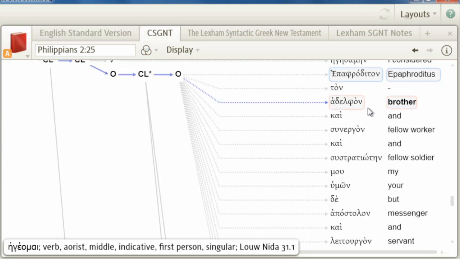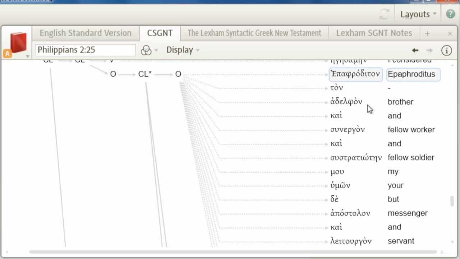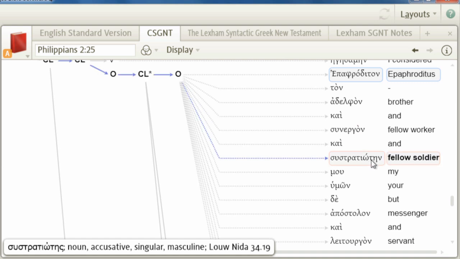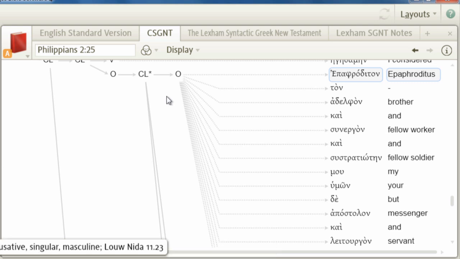You can see that each of the words that were marked as being in the accusative case, adelphan, brother, sunergan, fellow worker, sustratiotein, fellow soldier, and so on, are not marked as separate objects within the syntax graph, even though they're in the accusative case. Instead, they're all linked together as one object. If each of these words in the accusative case functioned separately as objects, you would see this O here, down here, and here for each one of the words in the accusative case.